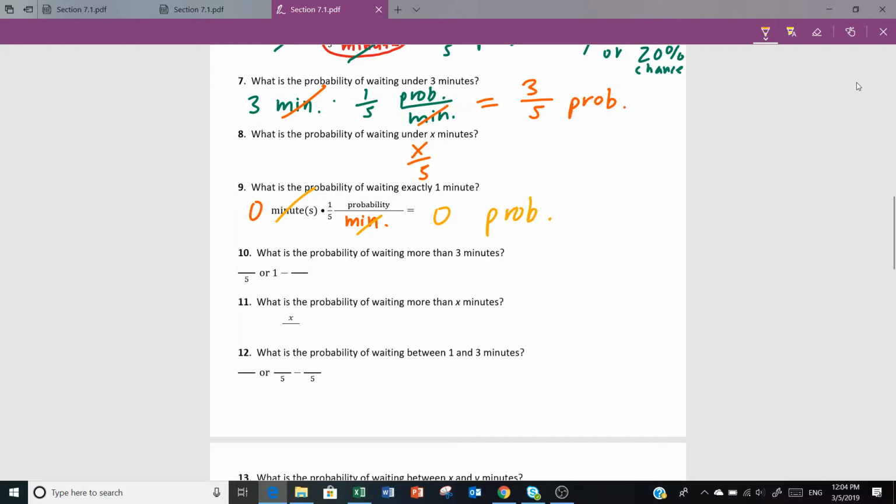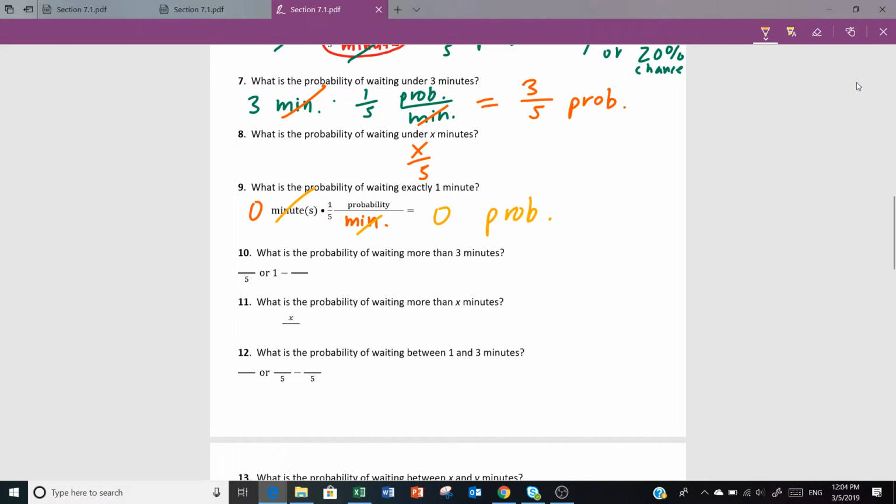So that's kind of an aha moment with continuous models, as opposed to discrete models. If you want the probability of exactly one thing happening, it's always going to be 0, because if you would have put exactly 2 minutes, you would have gotten 0. If you would have done exactly 3 minutes, you would have also gotten 0. Exactly 4 minutes, you would have gotten 0. Exactly 1.5, the same.